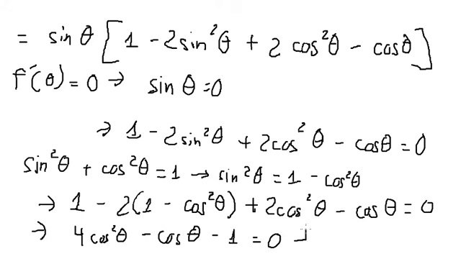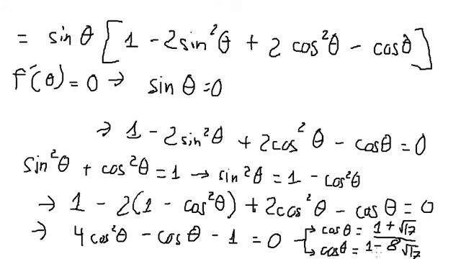So in this one, we have cosine theta equals 1 plus the square root of 17 over 8. And the second one, cosine theta equals 1 minus the square root of 17 over 8.